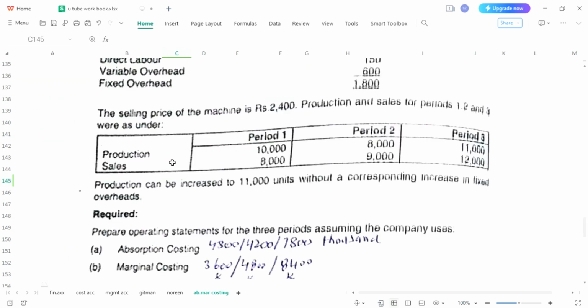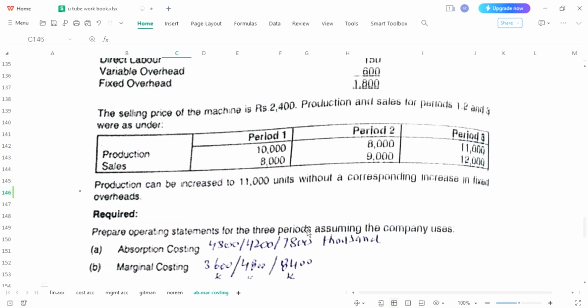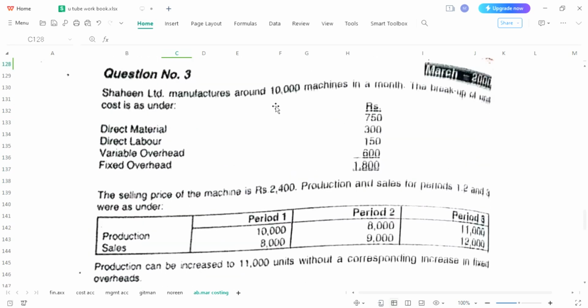For that we will go to our question, and you will see that 10,000 units is your capacity, and in the third period you have produced 11,000. Please focus. 10,000 was your standard and you have produced 11,000 units. It means you have overproduced.